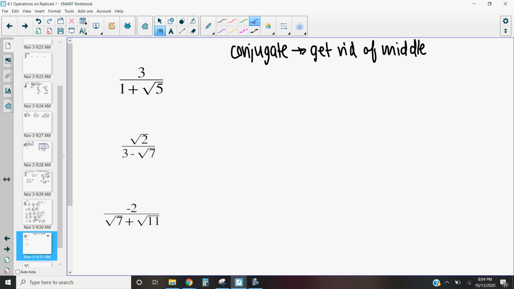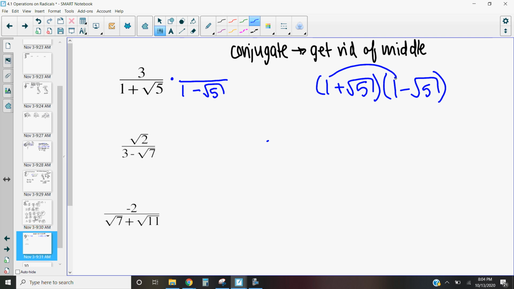As I'm multiplying by its conjugate, we're still multiplying by 1, but that 1 is going to be the conjugate. So here, our conjugate is going to be 1, but instead of a plus, it's going to be a minus root 5. And this is why, if I did 1 plus root 5 times 1 minus the square root of 5, what happens is 1 times 1 is 1, 1 times negative root 5 is negative root 5, positive root 5 times 1 is plus root 5, and then I multiply these two and I get minus root 25.